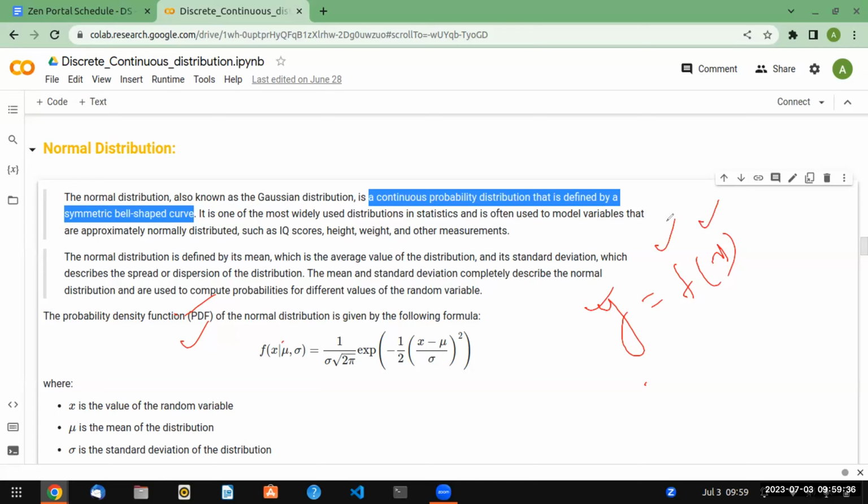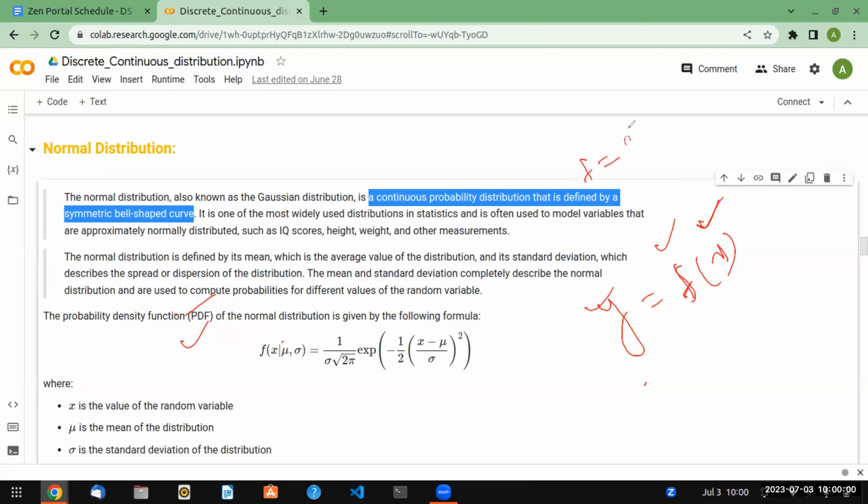Yes. What is x? Element. So x is an independent element, and you are passing that independent element through some kind of function.